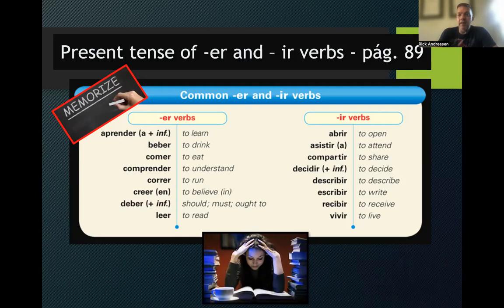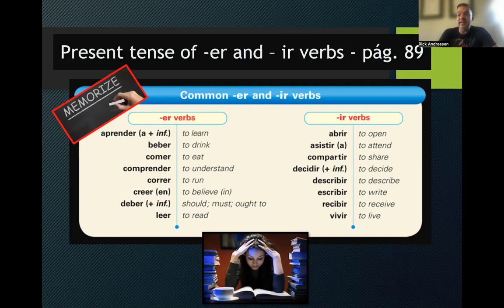The IR verbs, abrir, asistir a, means to attend. It looks like assist, like to help, and that's a false cognate. That's not what it means. But you say, yo asisto a la Universidad de Idaho State. I attend Idaho State University. Asisto a la clase de español los lunes y los miércoles. So I attend, and the preposition a follows it.